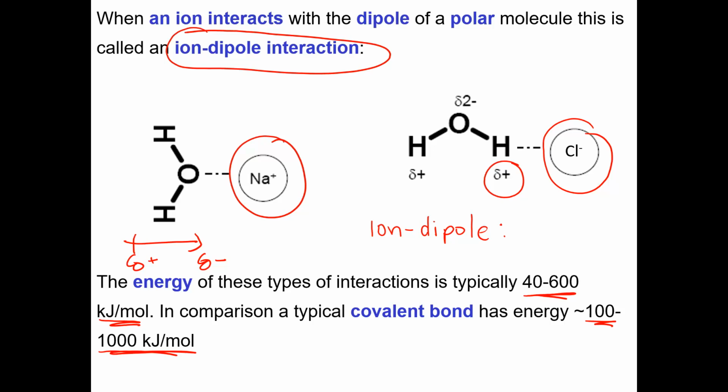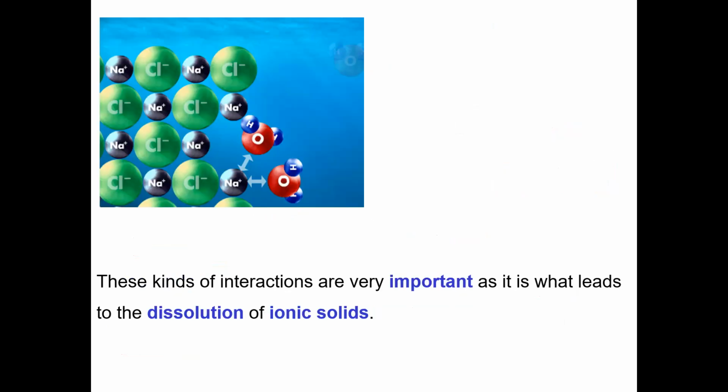So it's interesting to think about what happens when an ionic compound is put in water. When an ionic compound is put in water, we know that it separates out into cations and anions, and that those cations and anions stay separate because we observe that when we dissolve an ionic compound in water, we get what we call an electrolyte that can conduct electricity. So why does that happen?